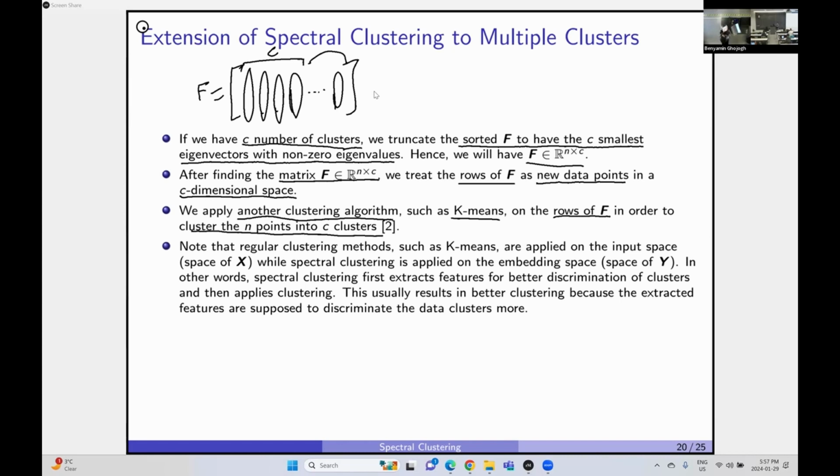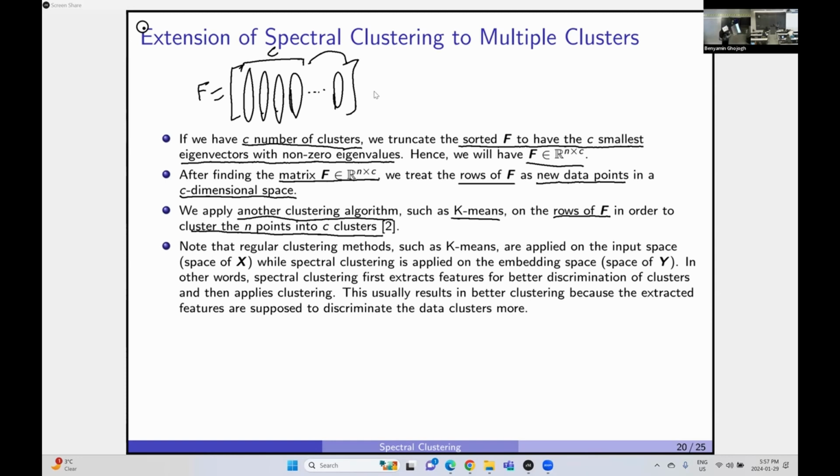Do you remember? We can use K-means to cluster data points into K clusters, right? This time, my new embedding space is a C-dimensional space, right? I apply K-means, and I set K to be C, C number of clusters. Why do we choose that? Is it just arbitrary because it's been proven to work?